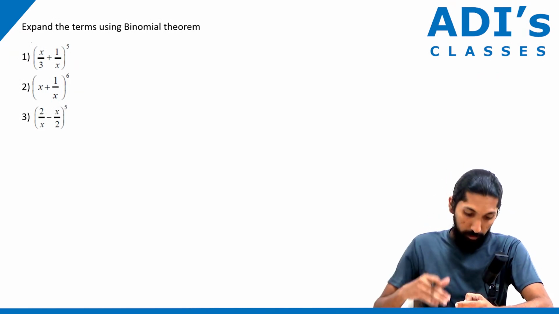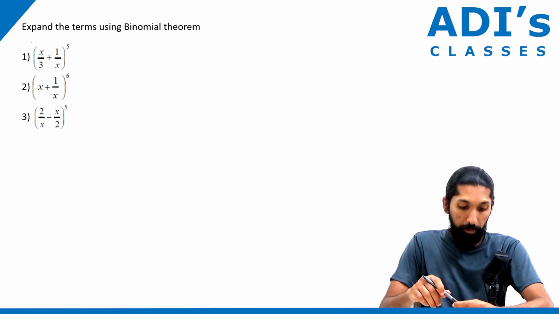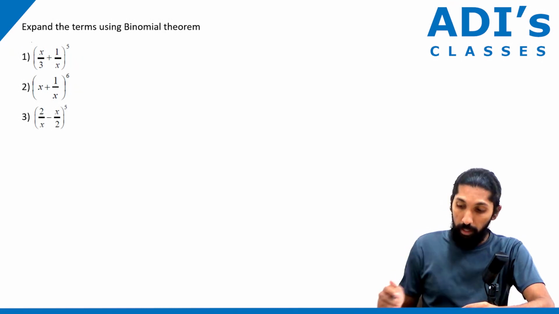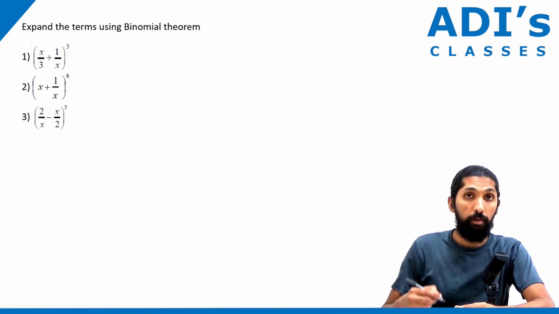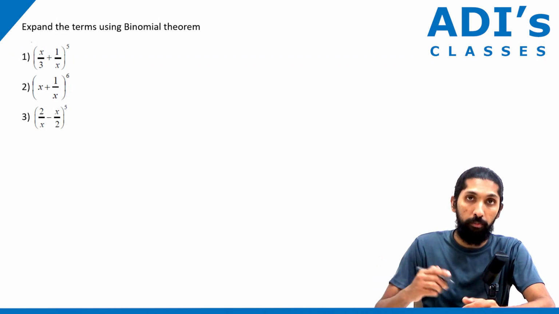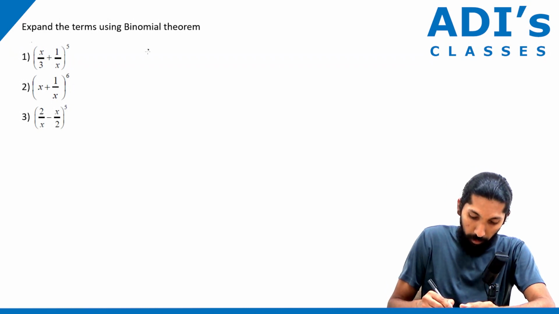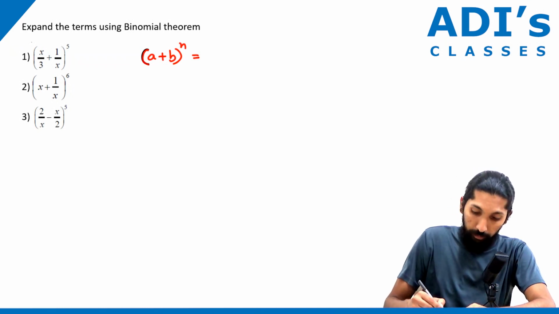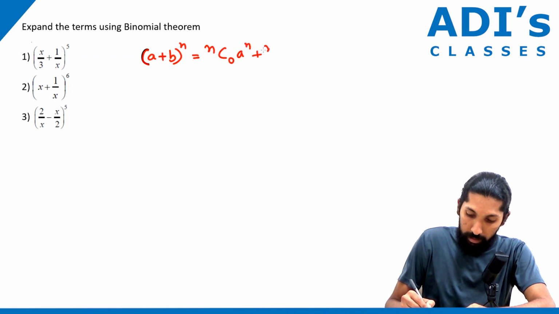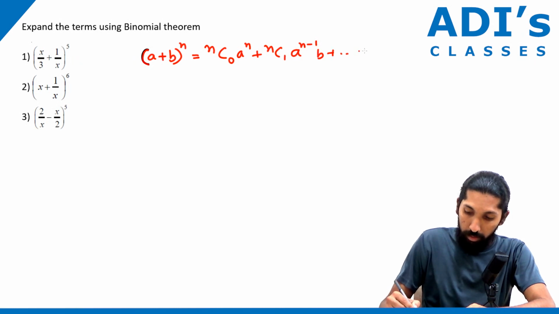Alright. See the first one, (x/3 + 1/x) whole power 5. Remember the general form of a binomial expansion: suppose you have (a + b) to the power of n, then we have nC0 a^n, nC1 a^(n-1) b, and so on and so forth, up to nCn b^n.